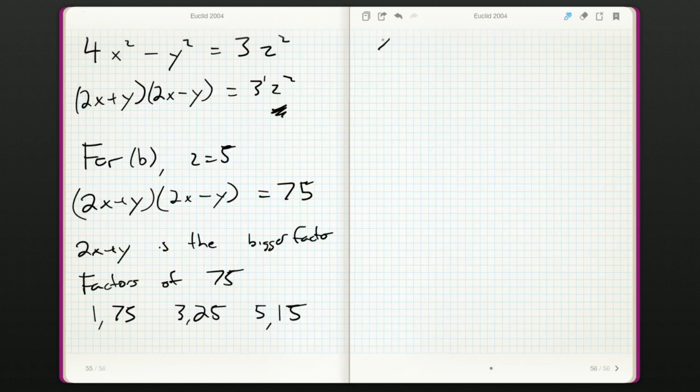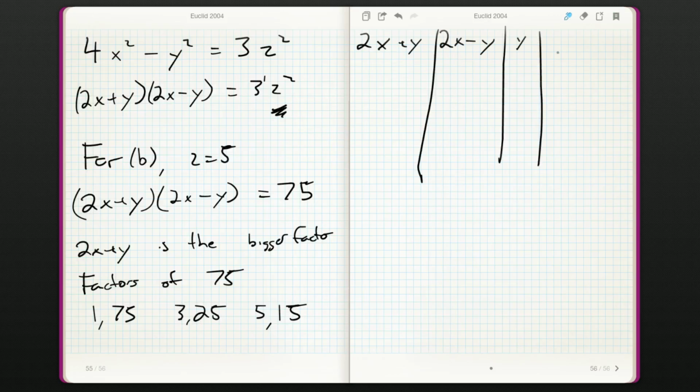So I'm going to make a chart of my 2x plus y, the bigger factor, and 2x minus y, the smaller factor. I can get y by adding these two, or rather subtracting one from the other and dividing by 2. And then I can get x by subtracting off y from this one and dividing by 2.